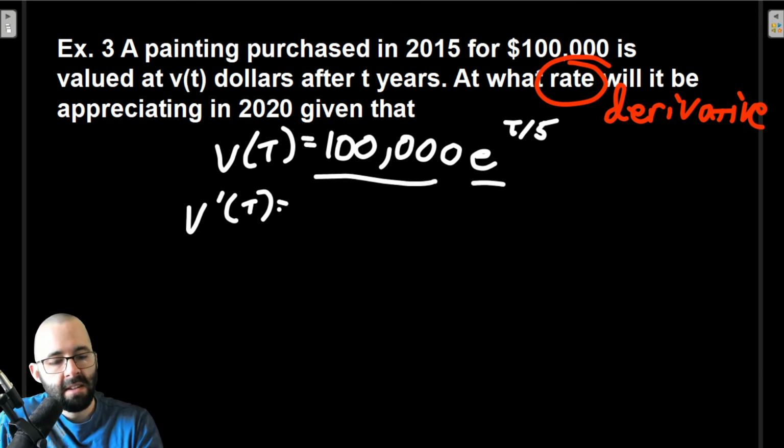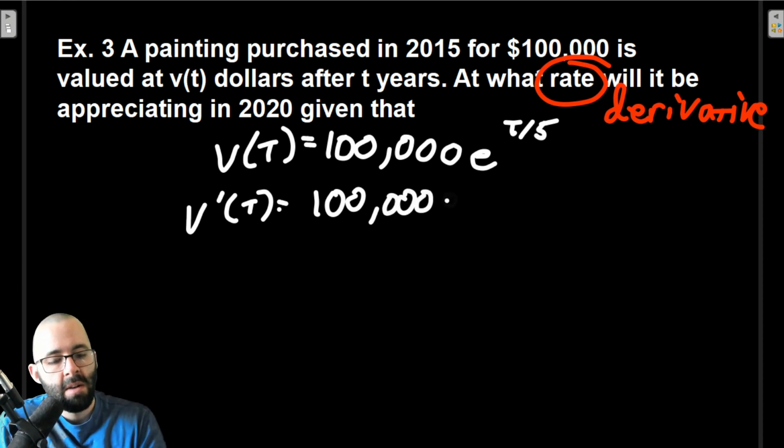It's a constant times a function. If it were two functions, we'd have to use a product rule. Since it's only a constant times a function, we just bring that constant out in front. Multiply by the derivative of the function. The derivative of this exponential function right here, derivative of an exponential, is itself, e to the t over 5.